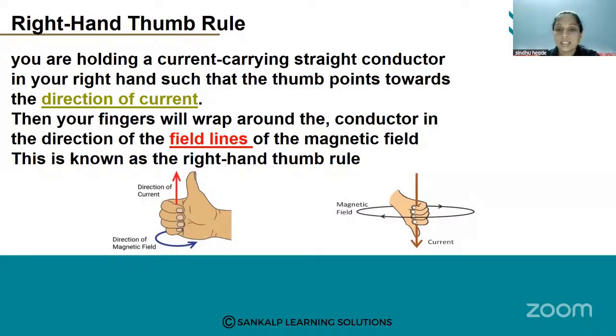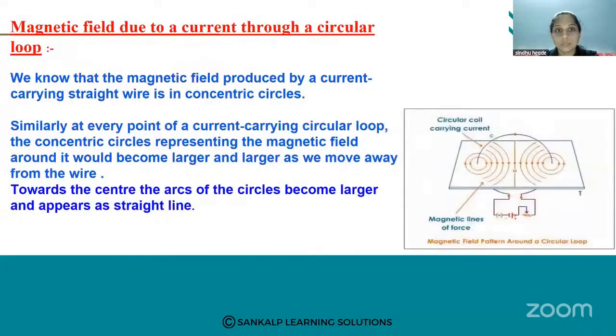Next, one more important concept is the magnetic field due to a current through a circular loop. This was also completed in our last session, right? A circular loop is nothing but a conductor in circular shape. When this circular loop is connected in a circuit and the current starts flowing, a magnetic field is generated.